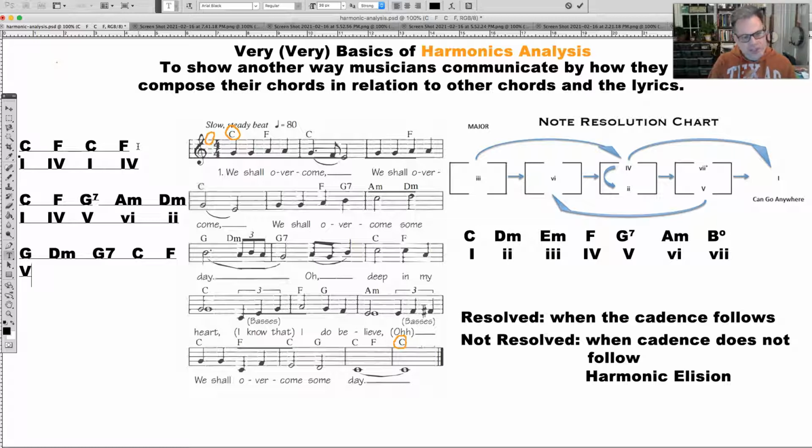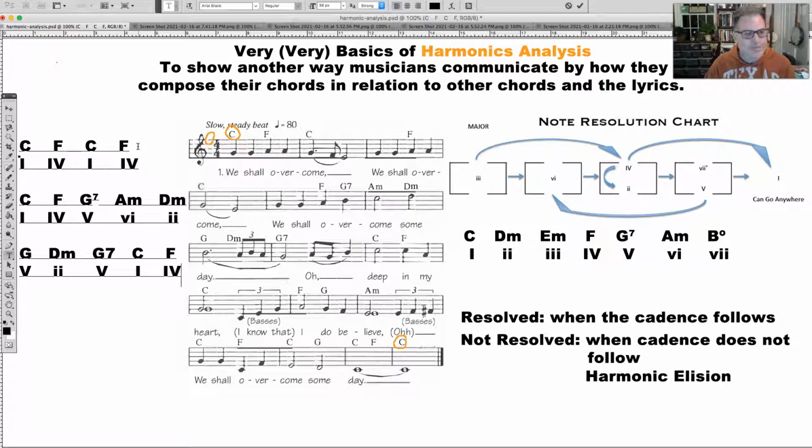The fact that it's not G7 is not a huge deal, so don't worry about that too much. D minor is 2, G7 is 5, C is 1, and F is, what is it?